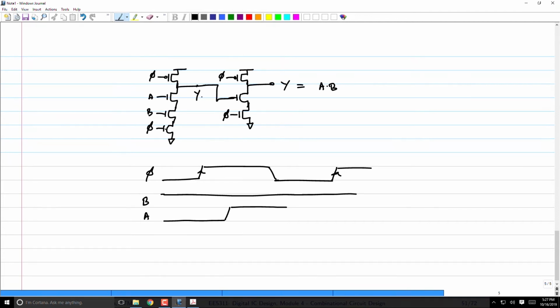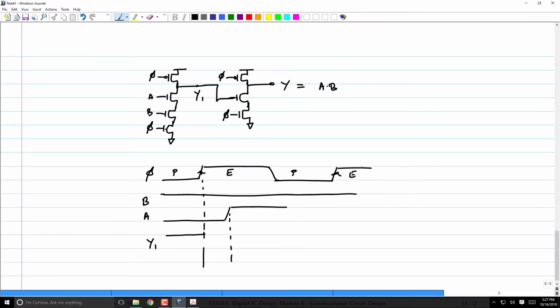Okay, this is Y1 and that is Y. What happens to Y1? So again, let's plot this very clearly and carefully. Y1 will be, this is pre-charge phase, this is evaluate phase, pre-charge, evaluate, right? Y1 is logic high in the pre-charge phase.